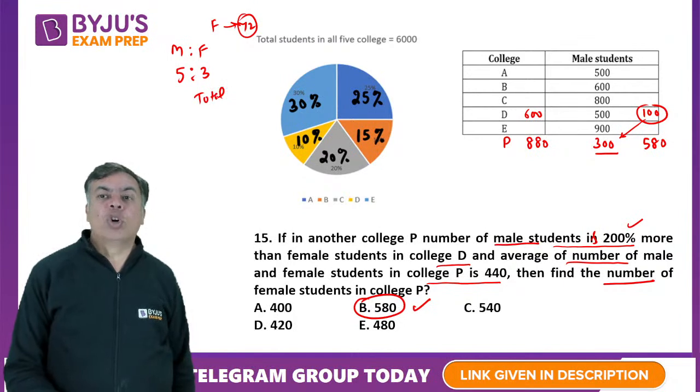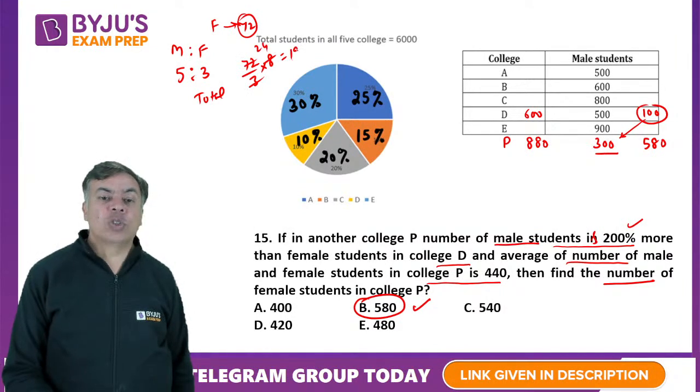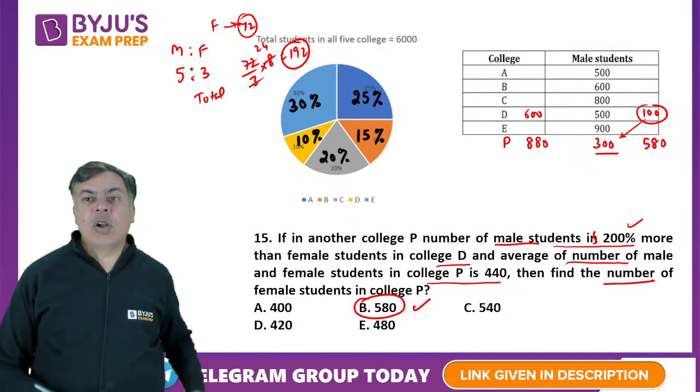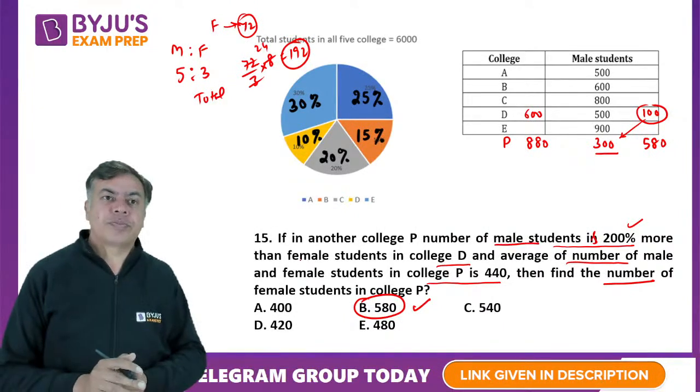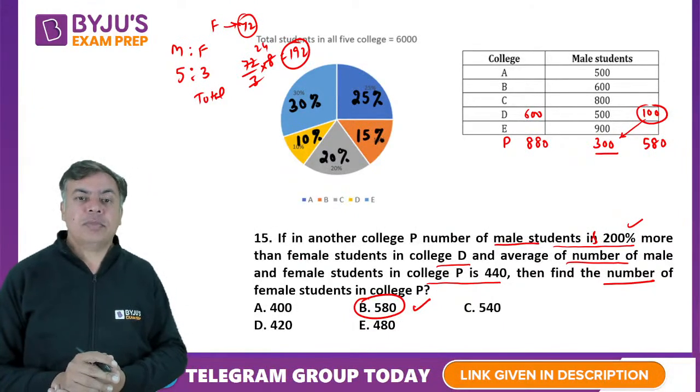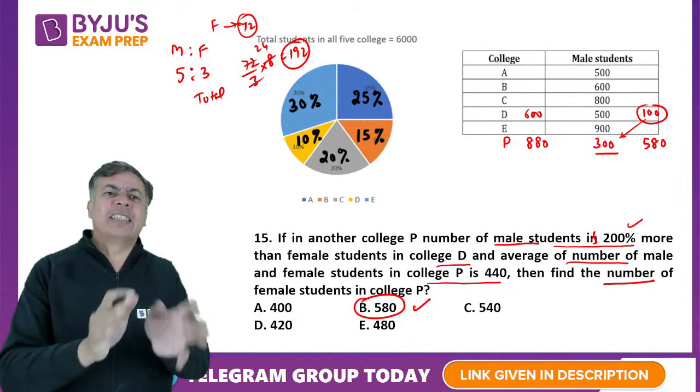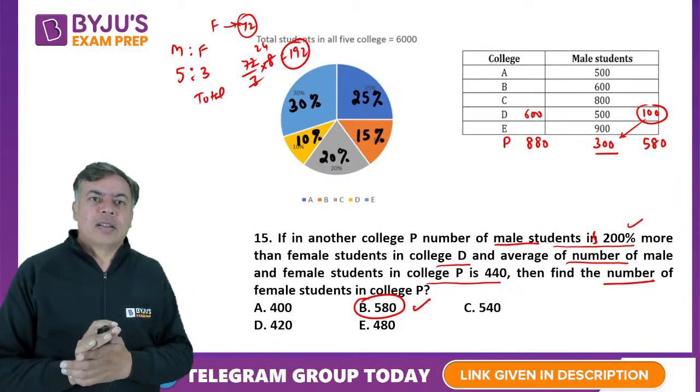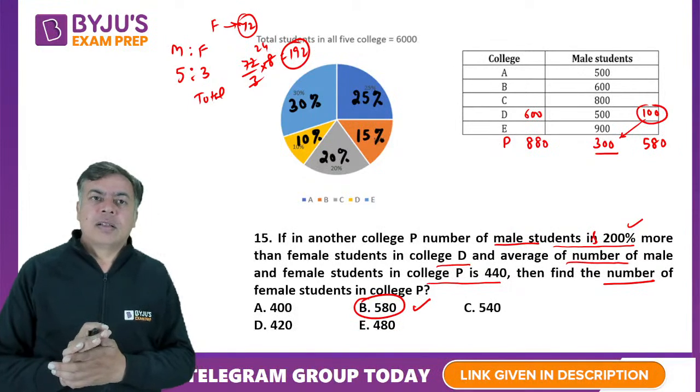How do you approach it? 72 is 3 parts, and you want to calculate 8 parts. So 24 into 8 is 192. Can you calculate this 192 fast? That is the issue. I'm just taking an example.